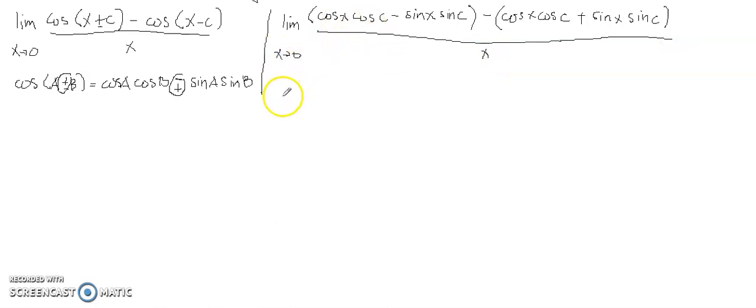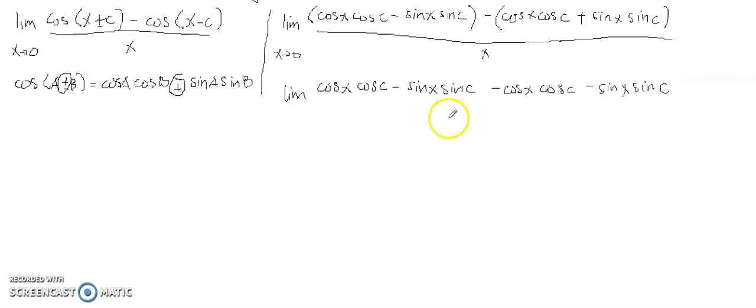And then, ayusin na lang natin. So, limit of cosine x times cosine c minus sine x times sine c. Okay, distribute natin yung negative. Minus cosine x cosine c minus sine x sine c. Okay, tignan natin kung may mga magka-cancel. Divided by x as x approaches 0.